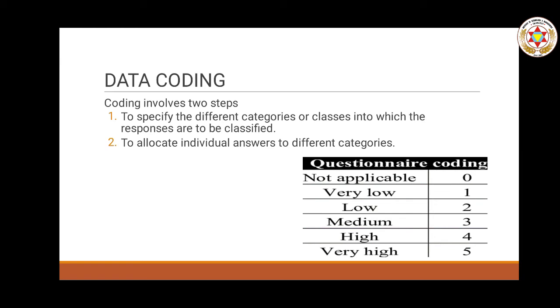Here we have one example where the different coding numbers are given. For not applicable it is given 0, for very low it is given 1, for low it is 2, and gradually it increases to 5. So this is one example of how coding is done in a questionnaire.